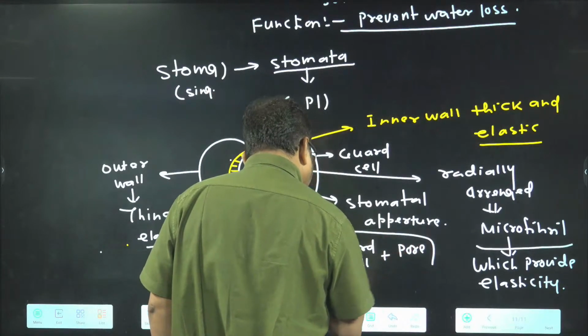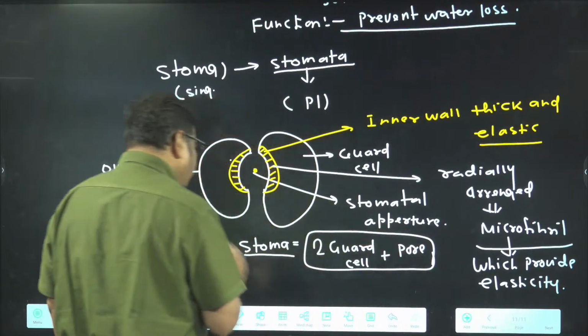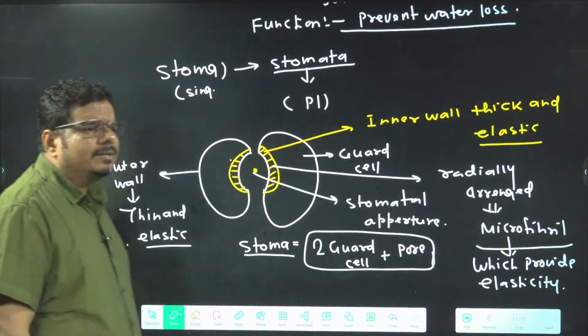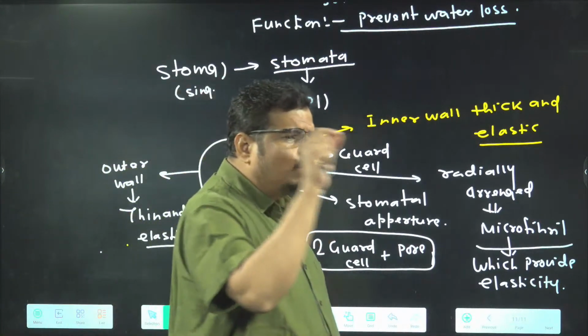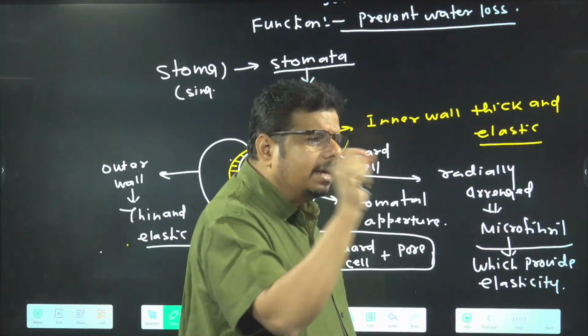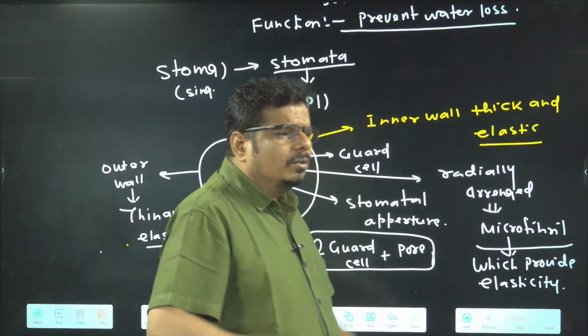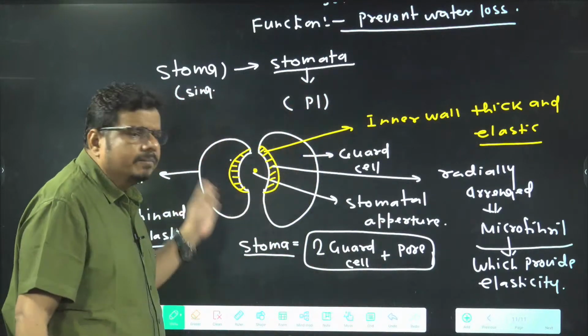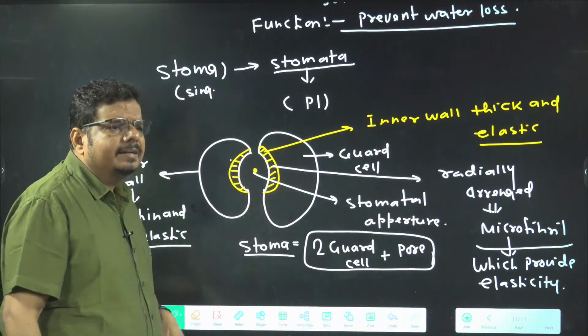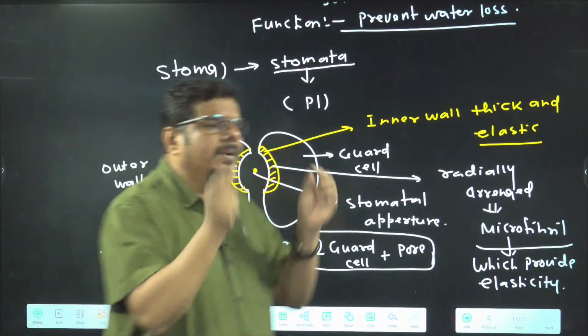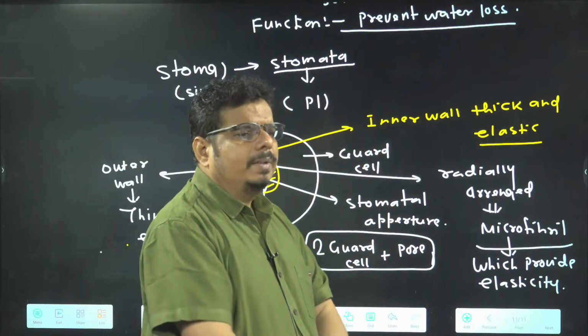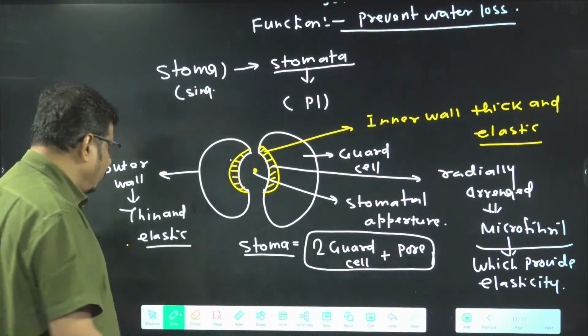Pore is what? Aperture. It is called a stoma. Many students confuse themselves: stoma is the pore. No. A stoma is the entire structure. Two guard cells plus pore is equal to a stoma. Clear? It is not only the pore.